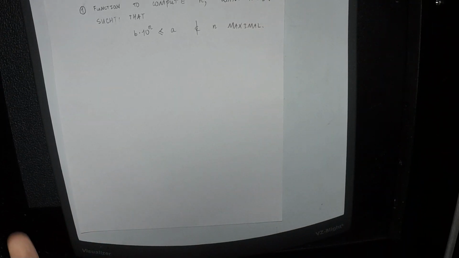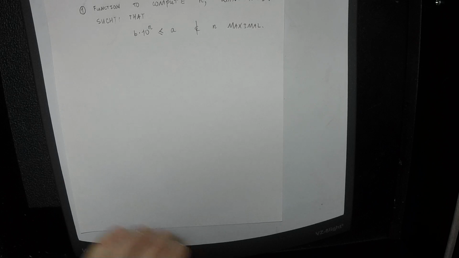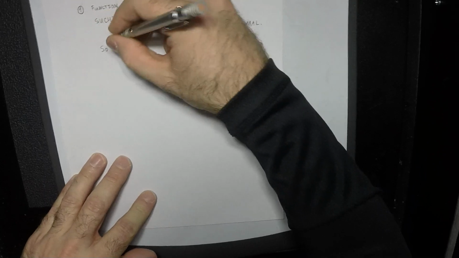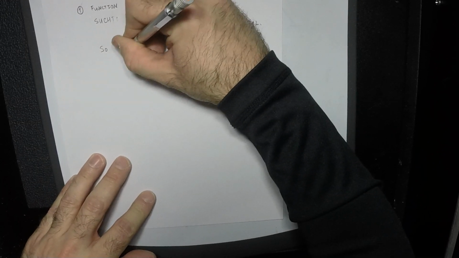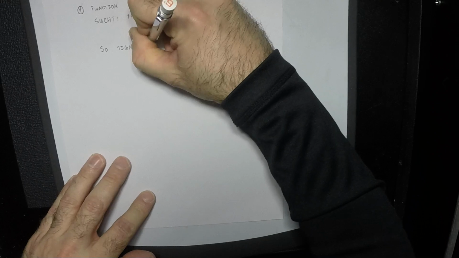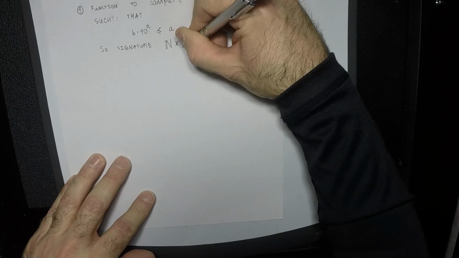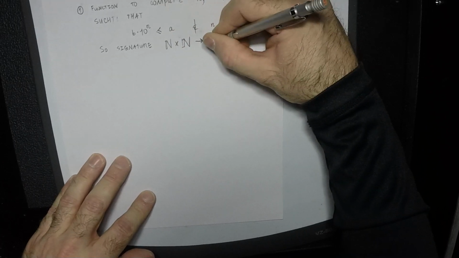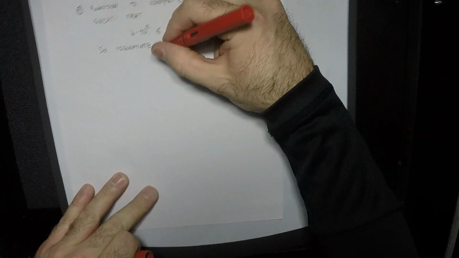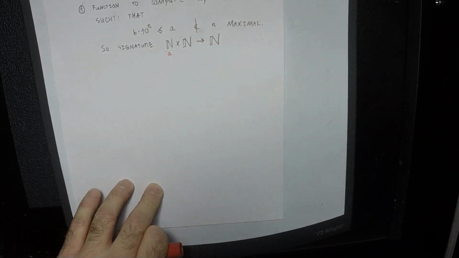Okay, so that means that the signature of the function is that it takes two natural inputs, a and b, and produces what? A single natural output. So its signature is two natural inputs and a single natural output. And then conceptually, this one is the dividend, the thing that's being divided.